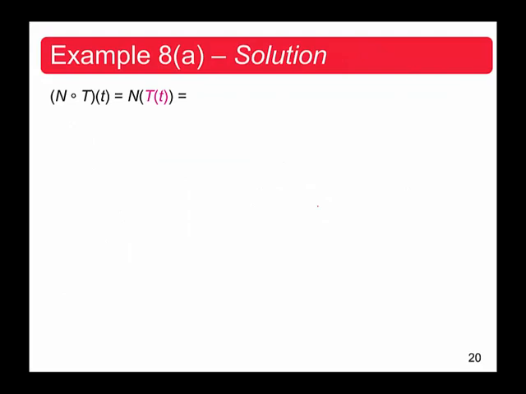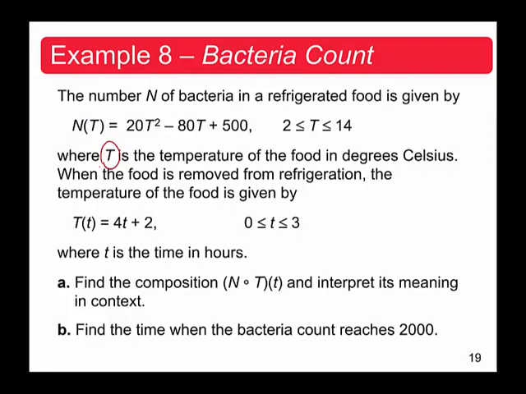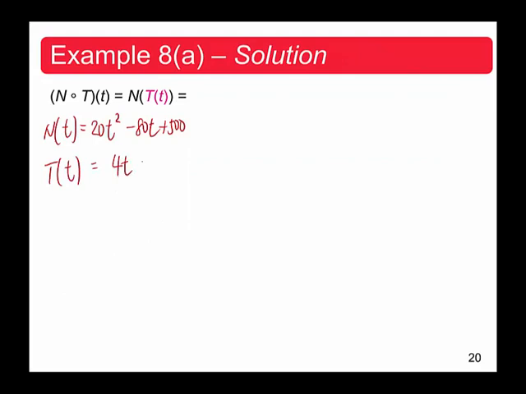So first of all, let's rewrite. n of t is 20t squared minus 80t, adding 500. And T of t is 4t plus 2. Now we're going to do the composite of capital N over capital T of t.